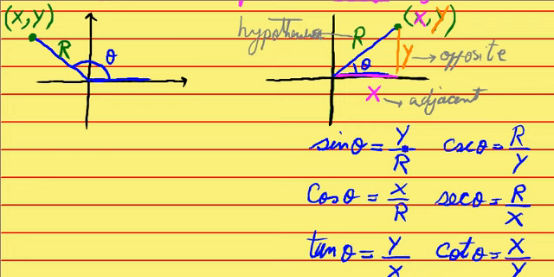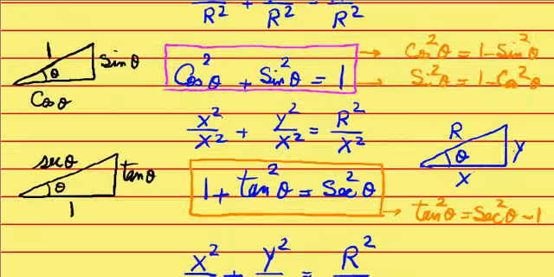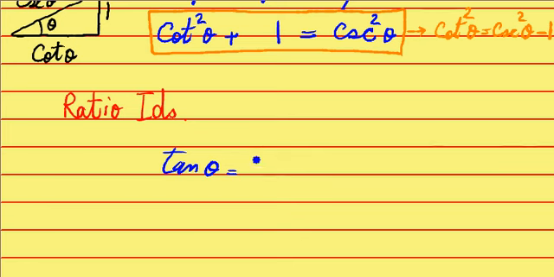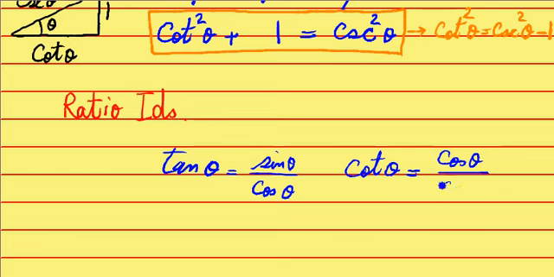Cosecant is a reciprocal of that. Secant is a reciprocal of this. Cotangent is a reciprocal of tangent. So we already got one load of formulas. Let's go ahead and write sine of theta over cosine of theta is going to give us tangent. Turn everything upside down, we'll have cosine over sine.